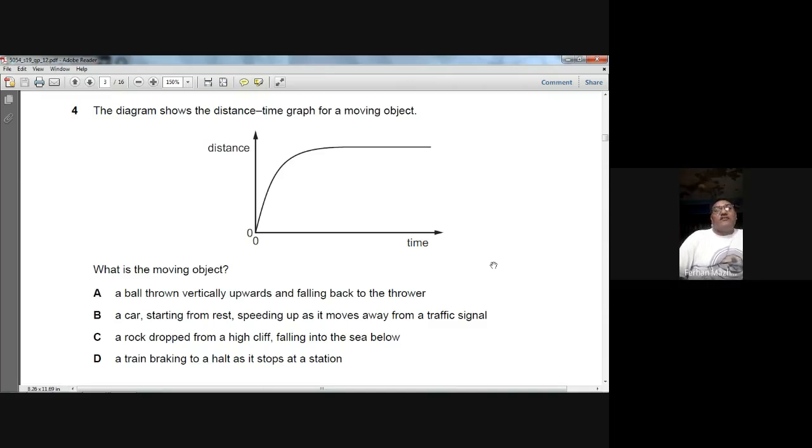This is not the graph of an object which goes up and then comes down. Option B, a car starting from rest speeds up as it moves away from a traffic signal. An object which speeds up will have an increasing curve on its distance graph. So B is not the option. Option C, a rock dropped from a high cliff falling into the sea below.